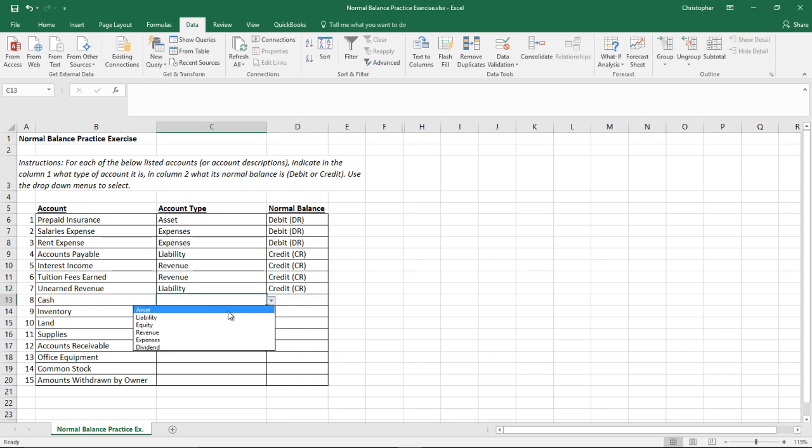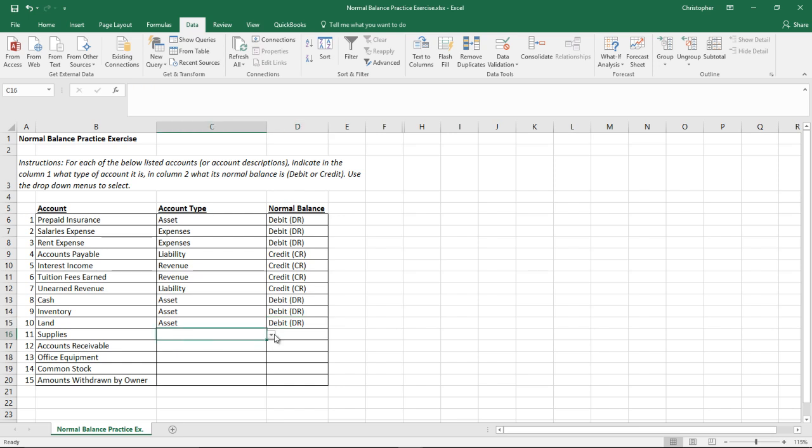Cash is an asset. Assets have the normal debit balance. Inventory is also an asset, therefore a debit balance. Land, a long-term asset, but an asset nonetheless, with a debit balance as well.